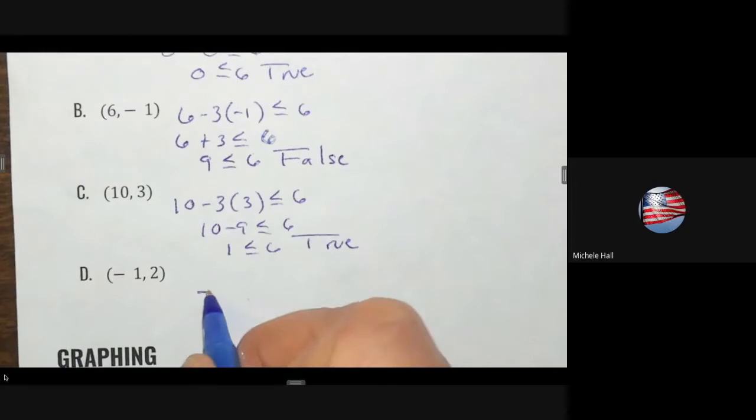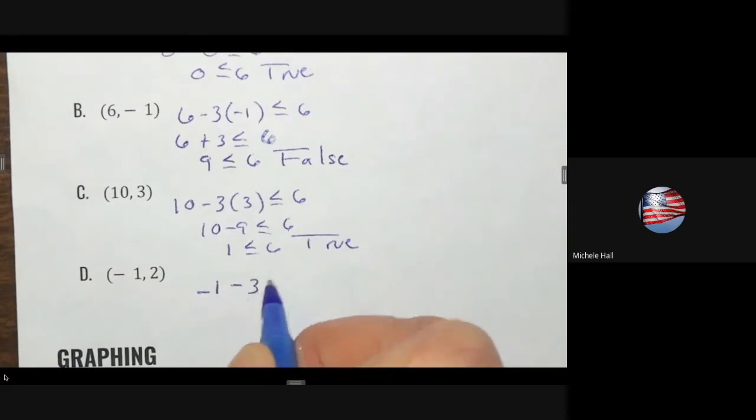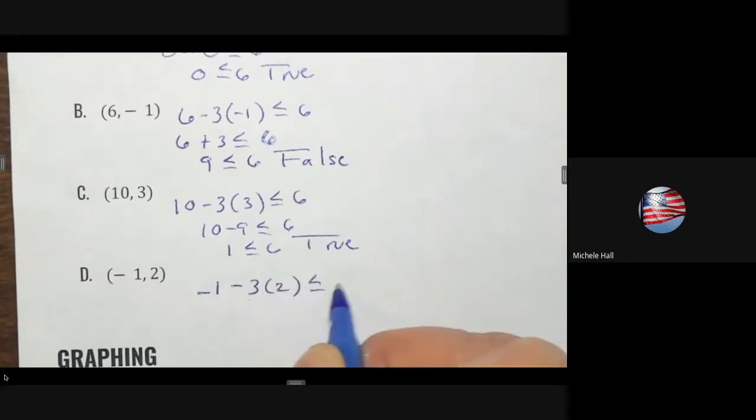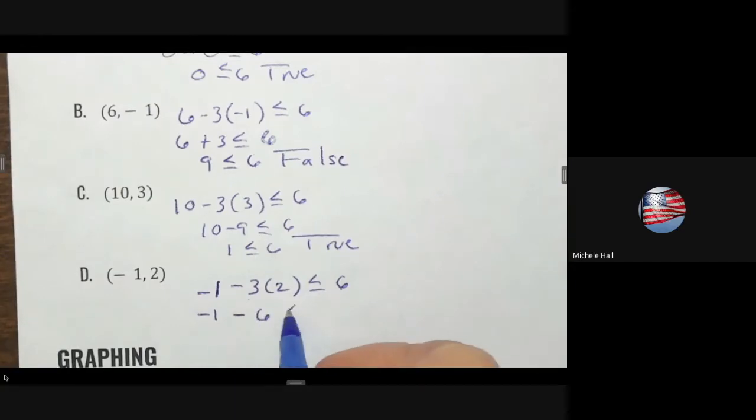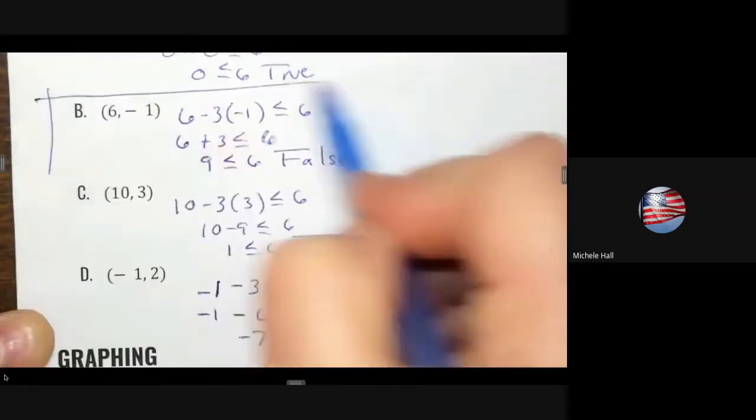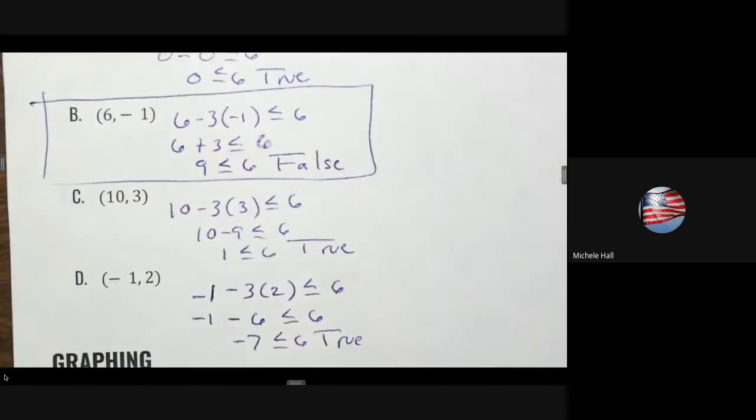We have negative 1 minus 3 times 2. Negative 3 times 2 is negative 6. And we have negative 7 is less than or equal to 6. That would also be true. That is the ordered pair that is not a solution.